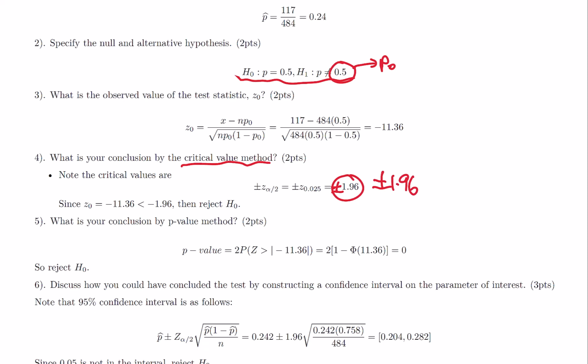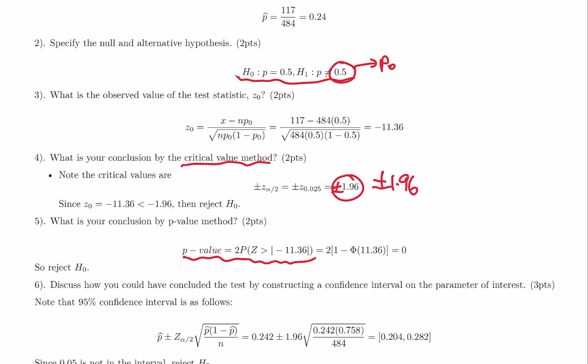And what is your conclusion by the p-value method? P-value method, this is the definition for the p-value because this is a two-sided test. Yes, this is almost 0, okay? Of course, we reject the null hypothesis on both methods.